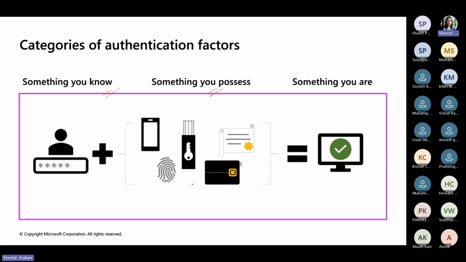So more than one factor you are using for the authentication is multi-factor authentication: something you know, PIN, password; something you possess, hardware token, software tokens, mobile device on which you will get some number matching, access card; and something you are, biometric, retina, fingerprints, face recognition.